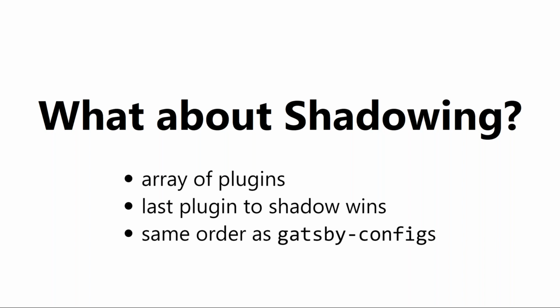And then in shadowing, the order also matters. So the last plugin to shadow a specific file will win, right? Because we can't have two files that are the same file being used in the same place. And the ordering is the exact same as we merge the Gatsby configs.